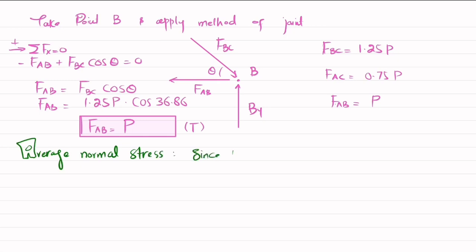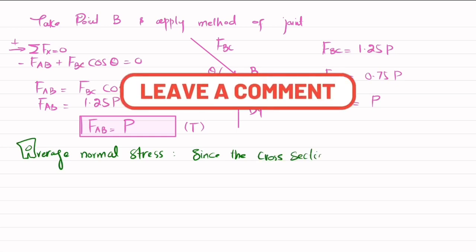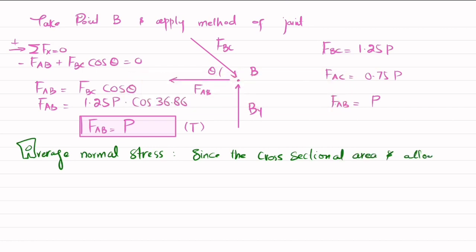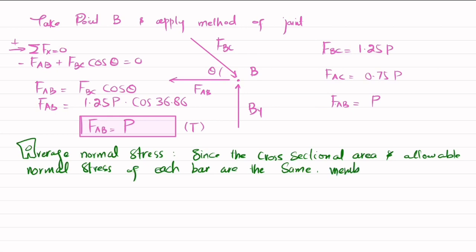Since the cross-sectional area and allowable normal stress of each bar are the same, member BC is having the maximum normal force.